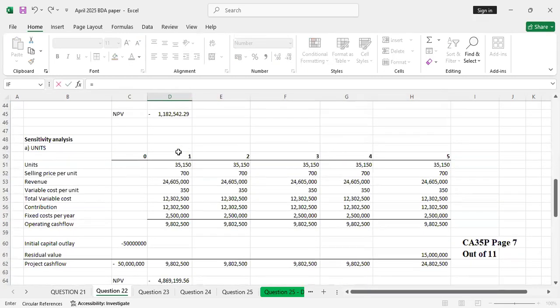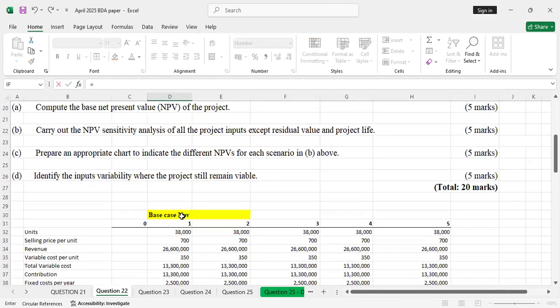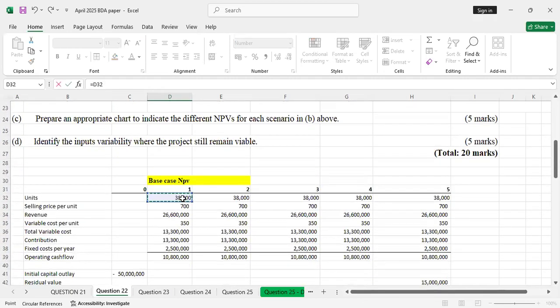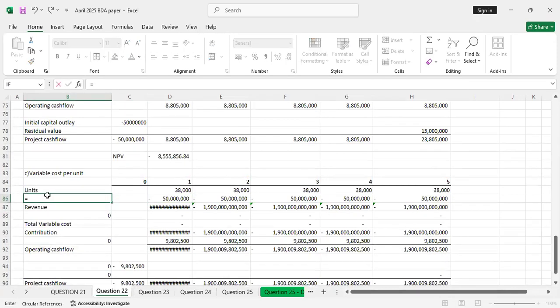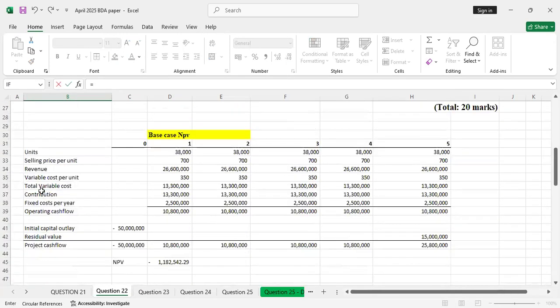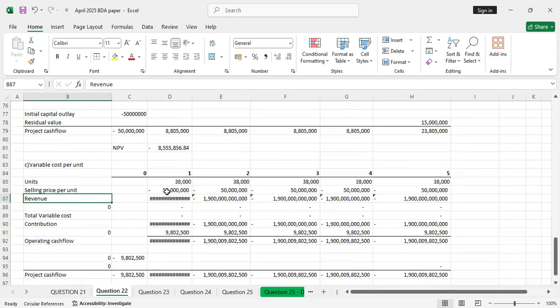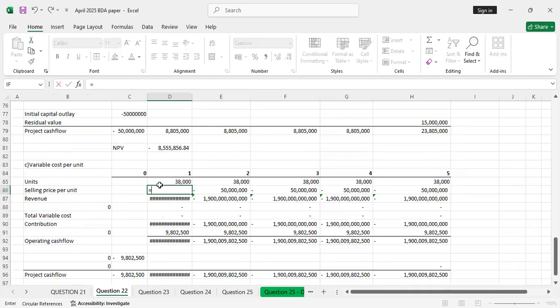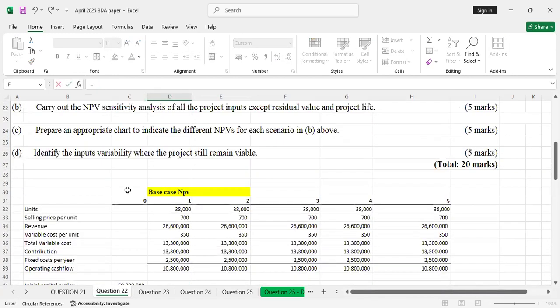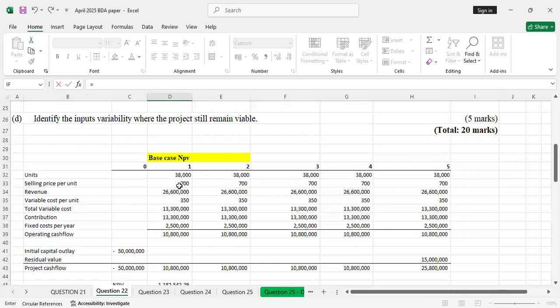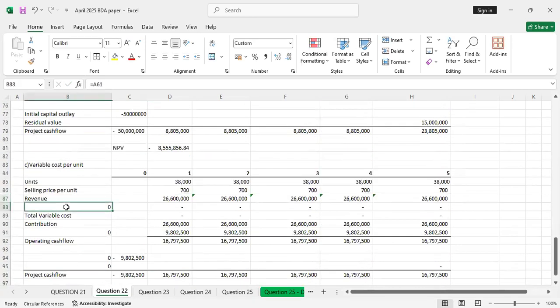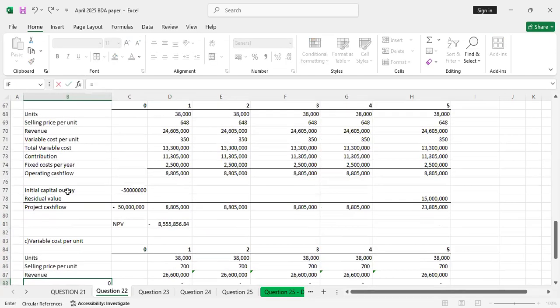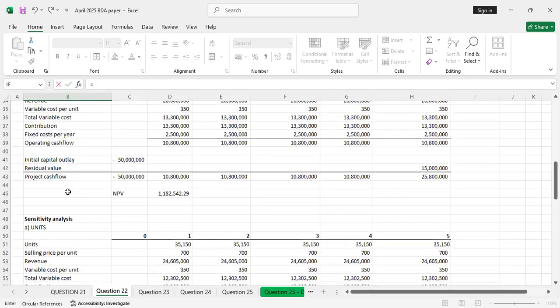You copy this original data first before you do the analysis. Then this was selling price per unit. I'll go back, copy that. And then here we'll have revenue. Then here we'll copy the variable cost per unit from the original data.